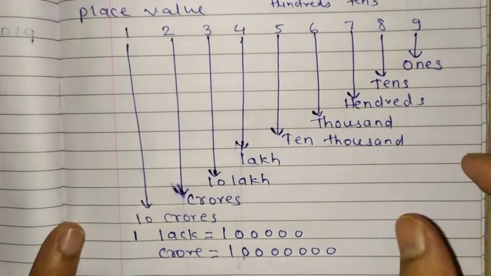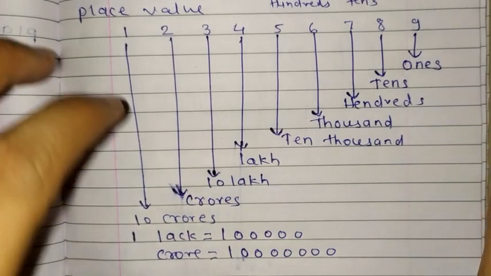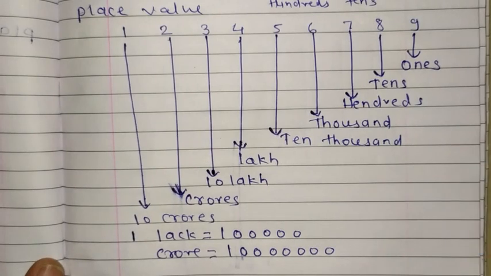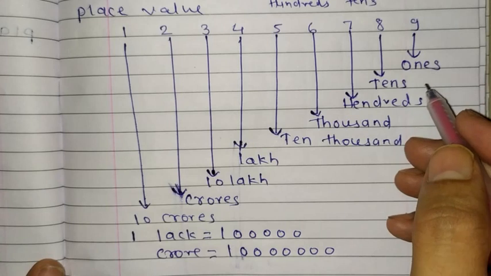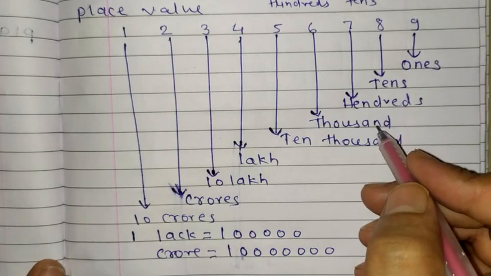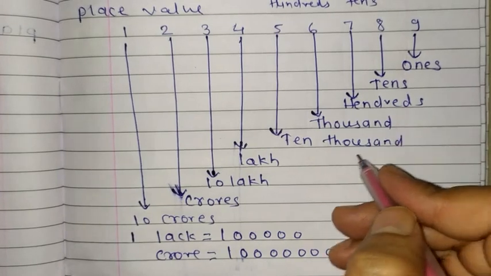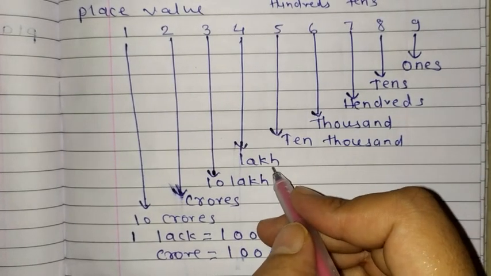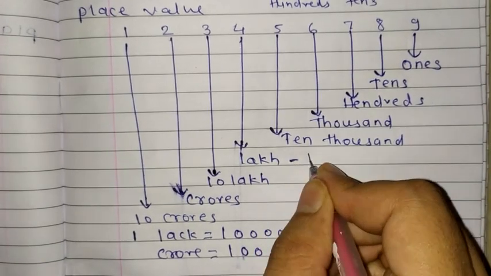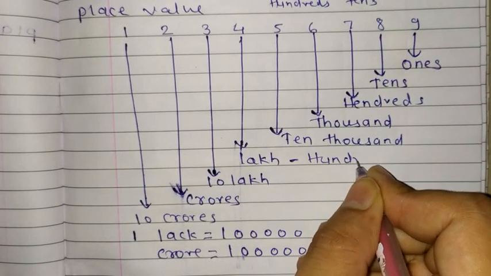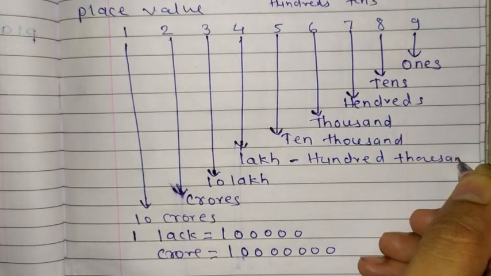Now, this is the Indian place value system. Now we go for international. Once you understand this, you can easily understand the international place value system. Again we have the same concept: ones, tens, 100, and then 1000, 10,000, and here after 10,000, in place of lakh, 100,000 will be there.